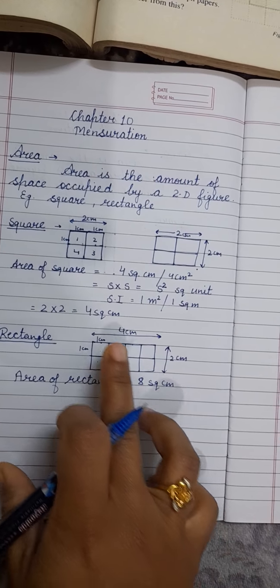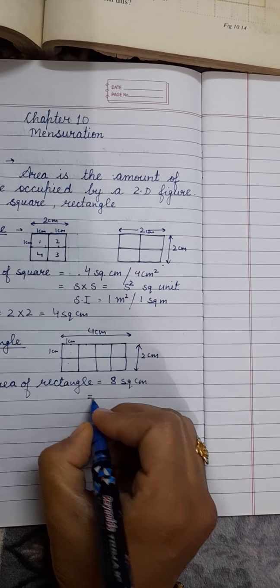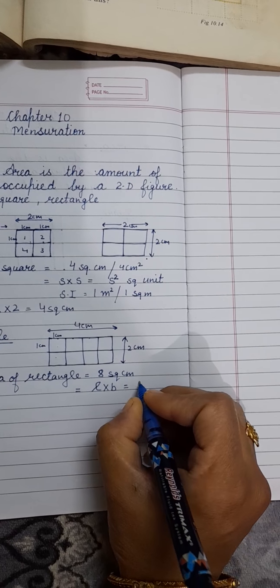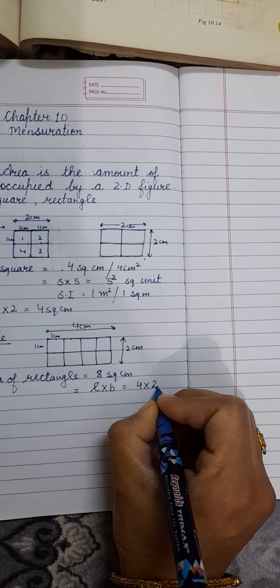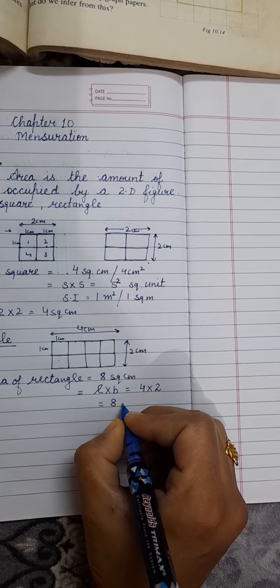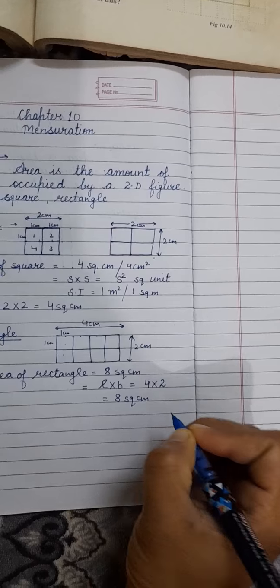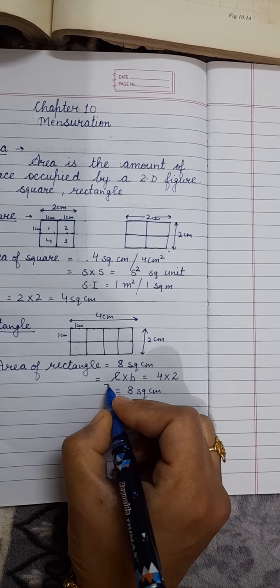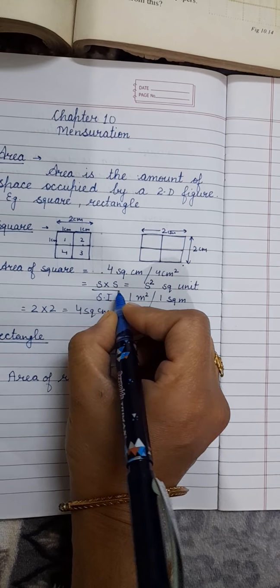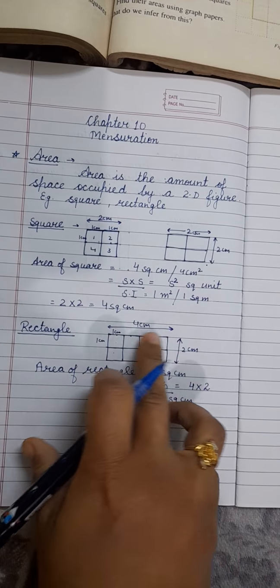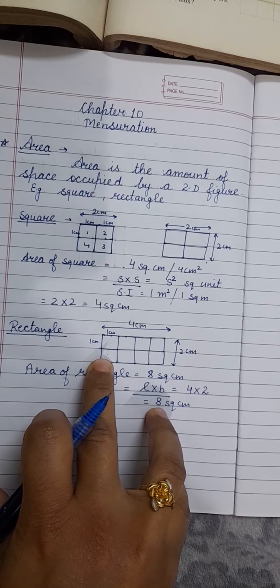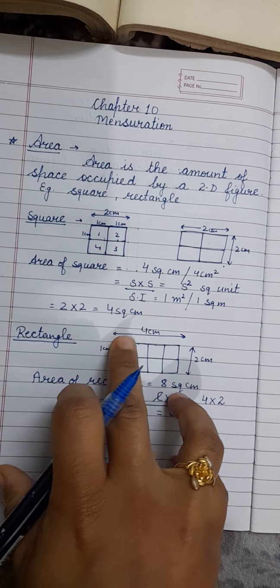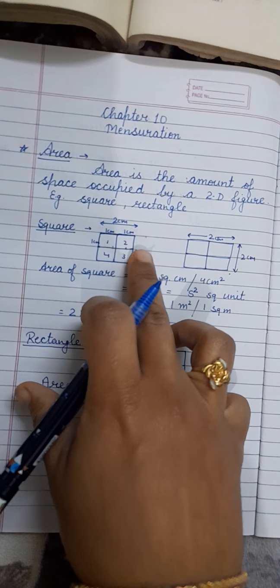So using this length and breadth, we can find that the area of a rectangle is equal to length multiplied by breadth, and that is 4 into 2, 4 twos are 8 square centimeter. So we have found our formula, so that we will not again and again split the figure into a square sheet. We will just apply this formula and find the space occupied by these figures.